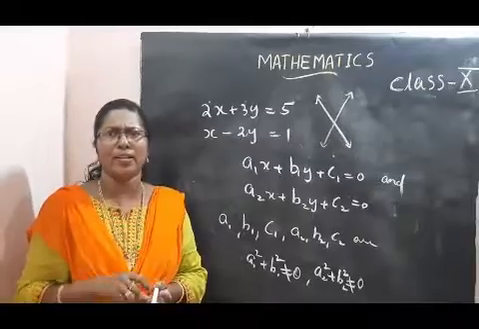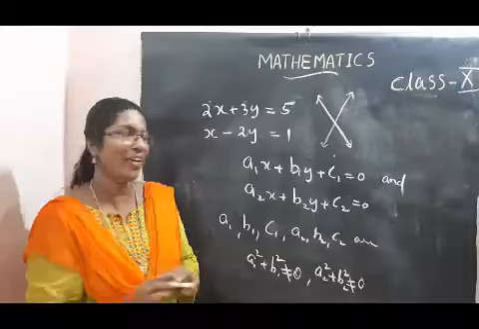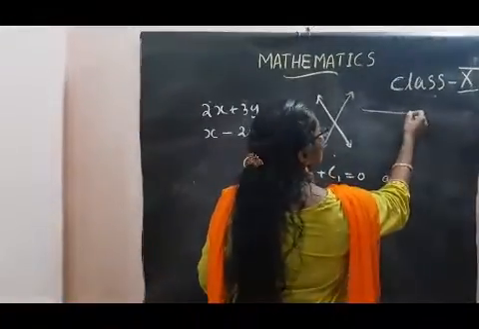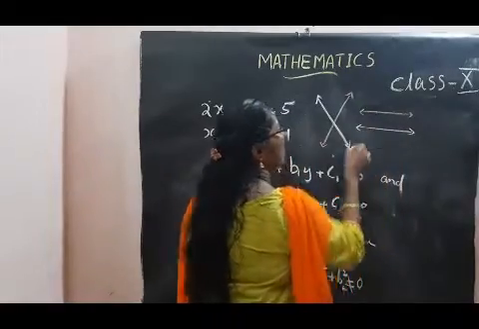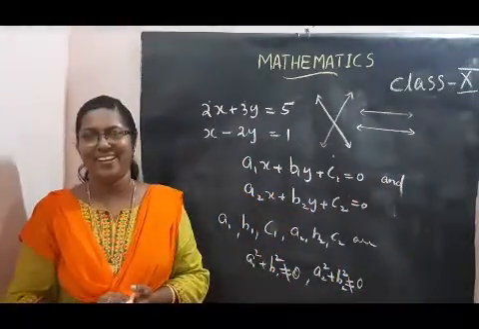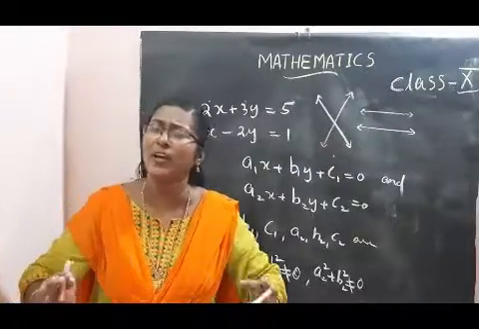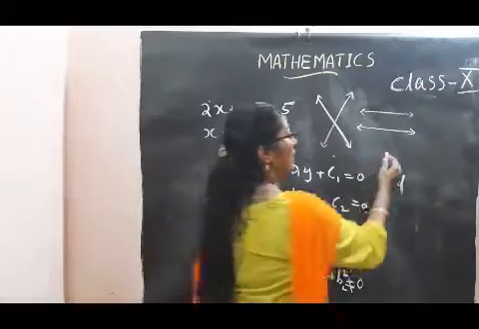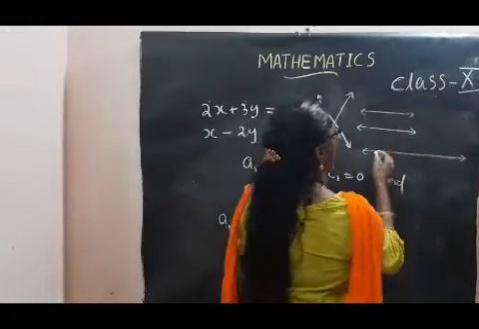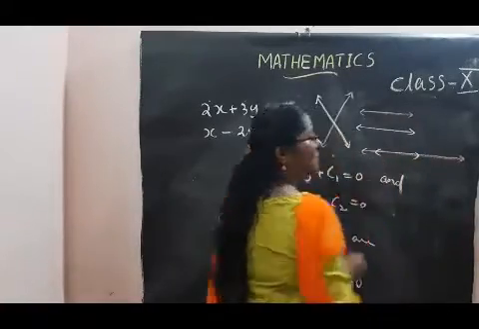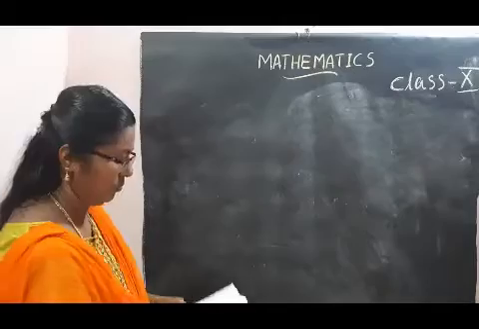Next possibility? The two lines will not intersect. They are parallel. And the third one is, the two lines will be coincident, that is, they represent the same line.